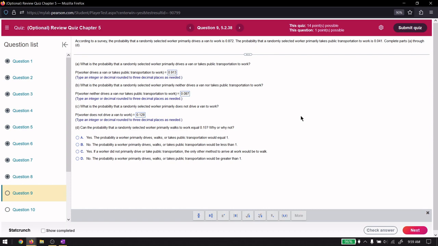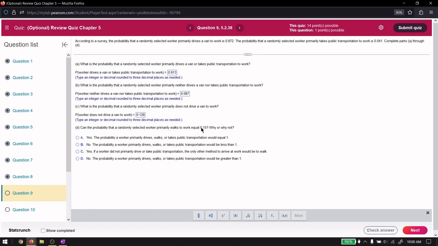Okay, can the probability that a randomly selected worker primarily walks to work equal 0.15? So walking to work is going to be neither driving a van nor taking public transportation. And we already know that the probability of that is going to be 0.087.